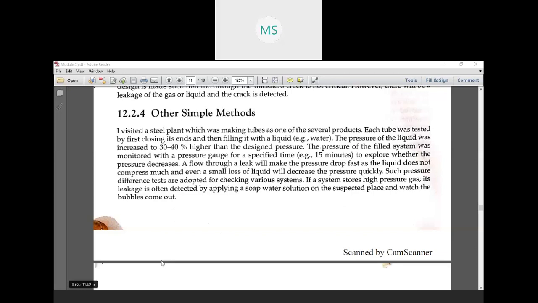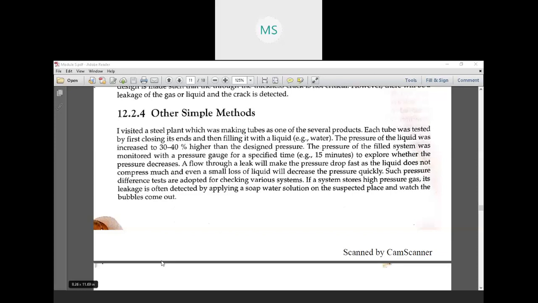A flow through a leak will make the pressure drop fast as the liquid does not compress much, and even a small loss of liquid will decrease the pressure quickly. Some pressure difference tests are adopted for checking various systems. If a system stores high pressure gas, its leakage is often detected by applying a soap water solution on the suspected place and watching the bubbles come out.